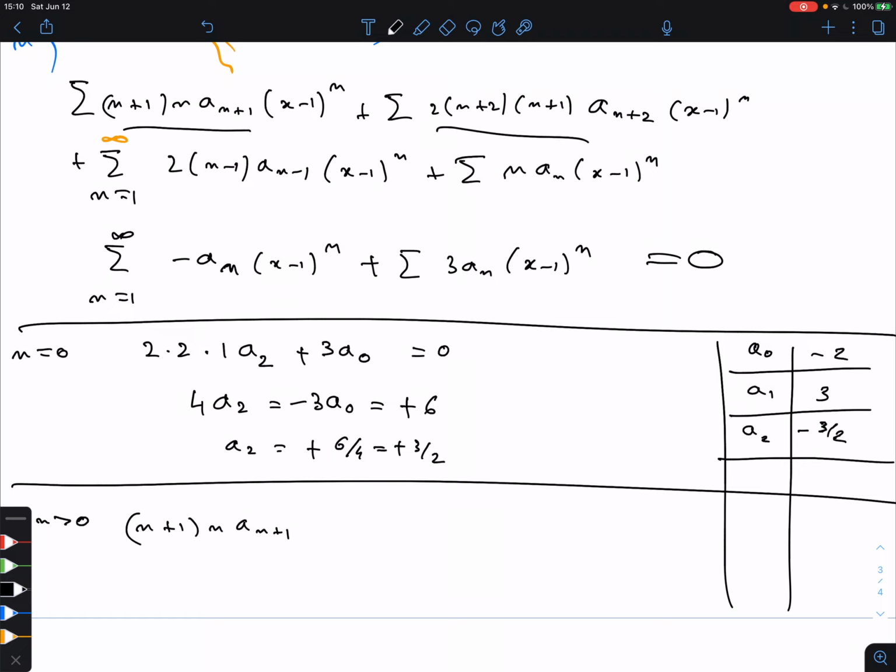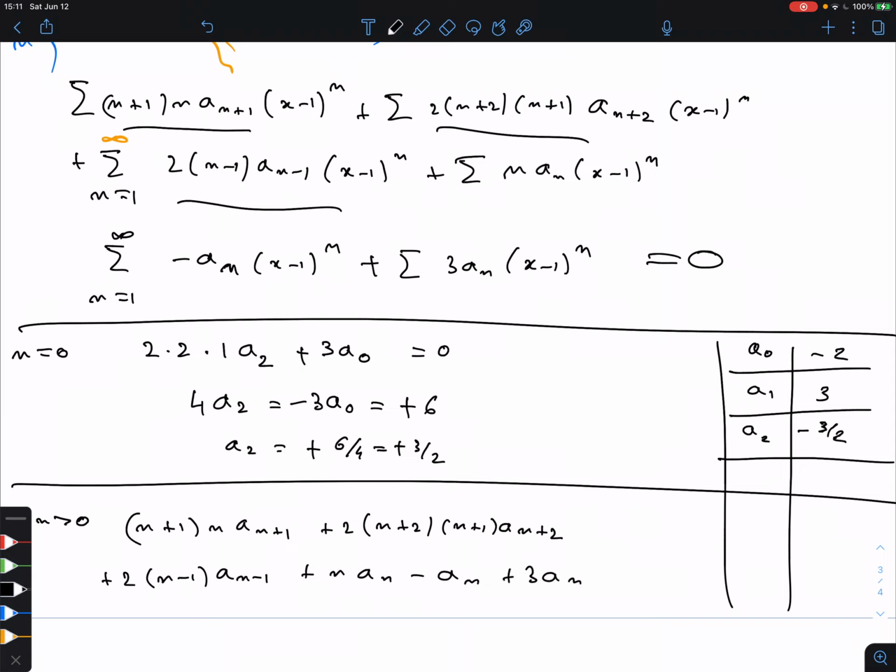Then we have plus 2 (n plus 2)(n plus 1) a_(n plus 2). We have this one, plus 2 (n minus 1) a_(n minus 1), plus n a_n, minus a_n, plus 3 a_n.